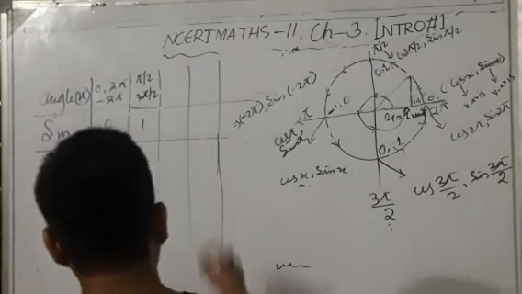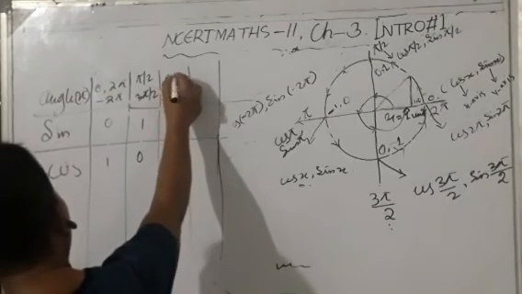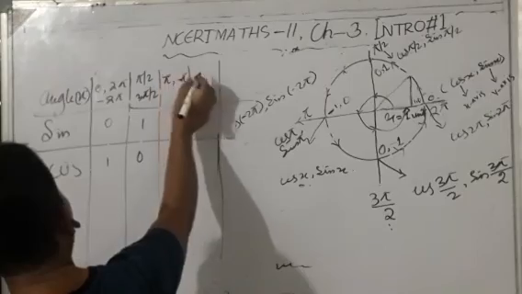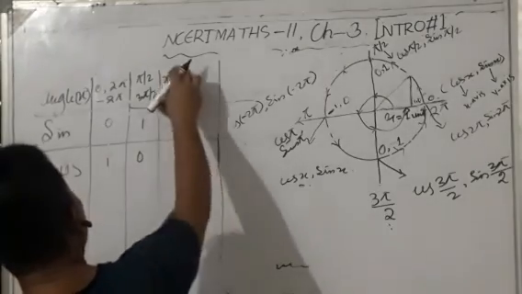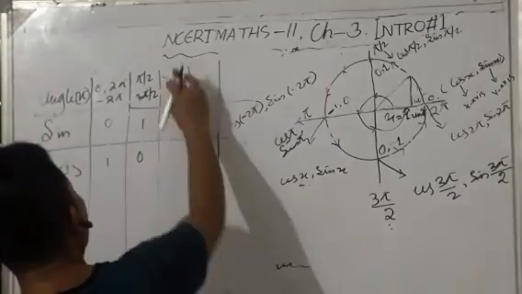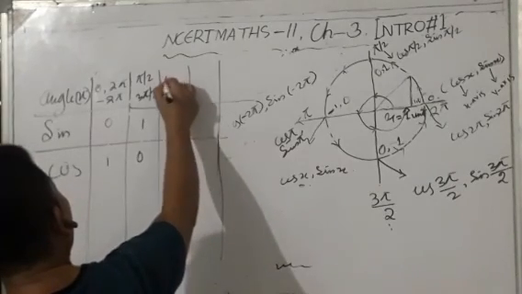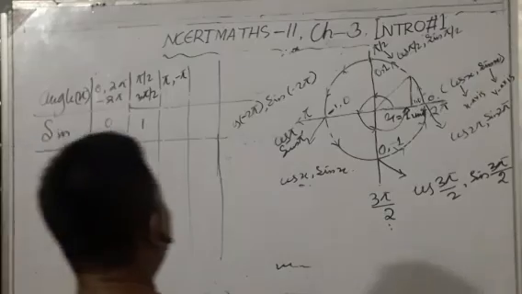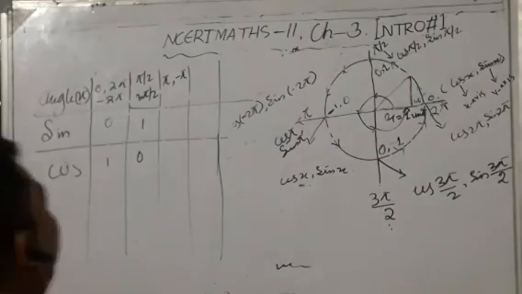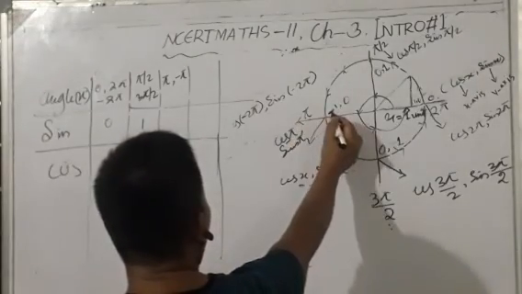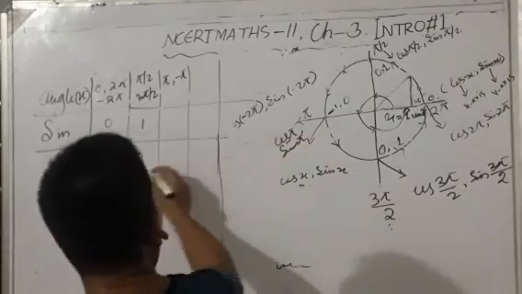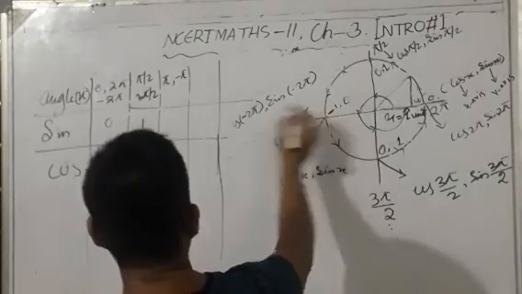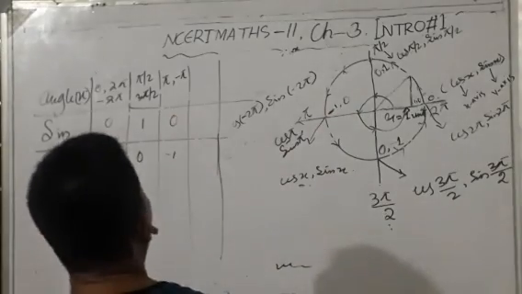And then like this, pi and minus pi. So cos is minus 1, and the sine is 0.